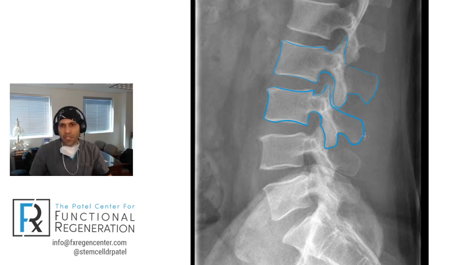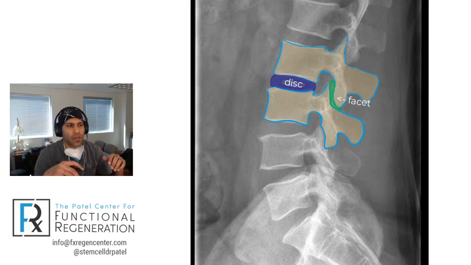This is that spinous process, that nubbin that we feel when we press the back of our spine. And again, what we don't see in this is our disc. So over here, I've outlined what the disc looks like right there. And then back here is what's called the facet joint.